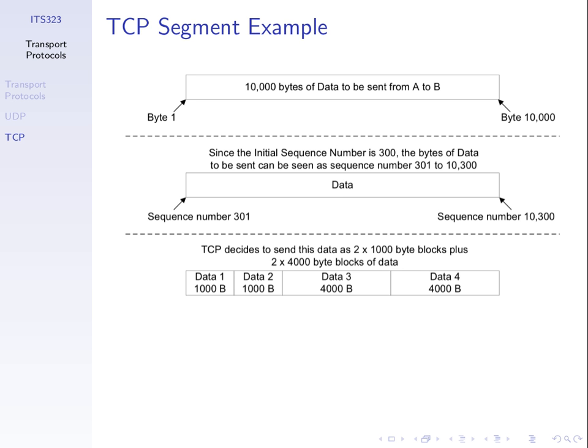Do not draw the diagram I'm about to draw. It's an old one from when we looked at flow and error control. What I draw is when we had sliding window, one data segment, a second data segment, and so on, and then an ACK would come back, and what we've always said is the ACK number is the next number expected.